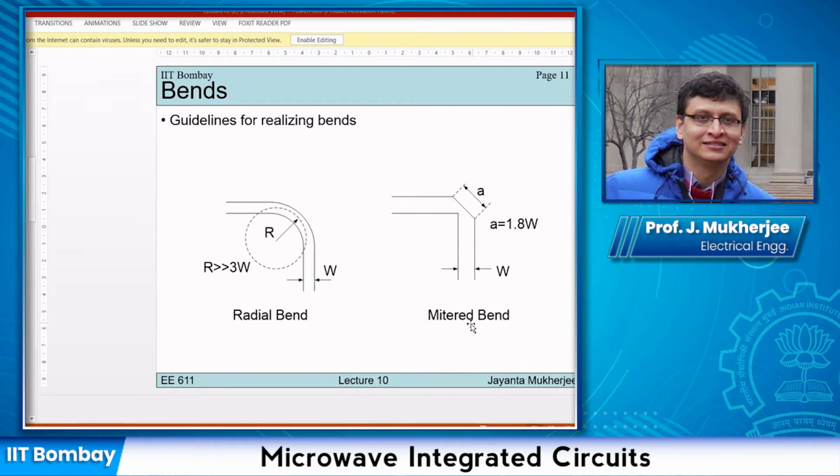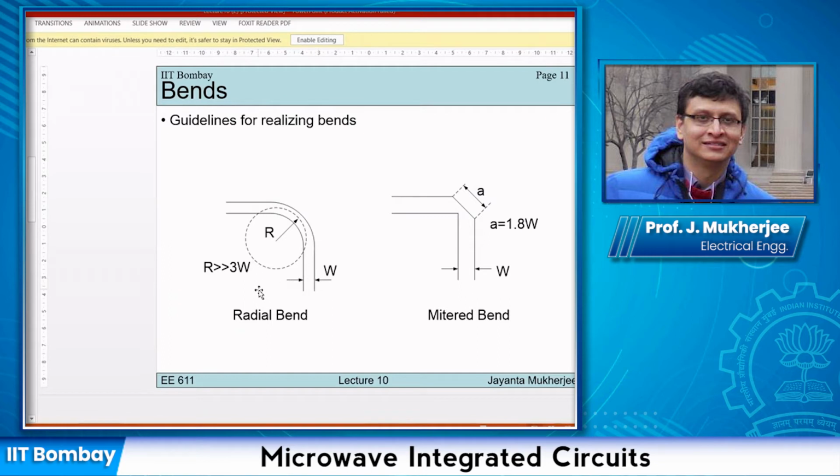A bend cannot be just a horizontal line meeting a vertical line, because that will involve sharp edges, which in turn will cause spurious waves to emit. Anytime there are sharp edges, such spurious waves are created. So we always want the bends to be smooth.